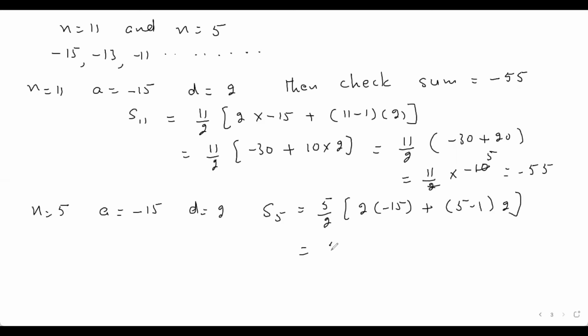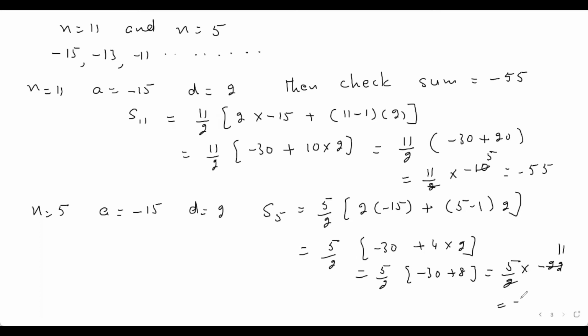That is equal to 5 by 2 into (minus 30 plus 4 into 2). That is 5 by 2 into (minus 30 plus 8). That is 5 by 2 into minus 22. That is minus 55. So again, we have checked the sum of 5 terms is equal to minus 55. So we have checked the double answer.